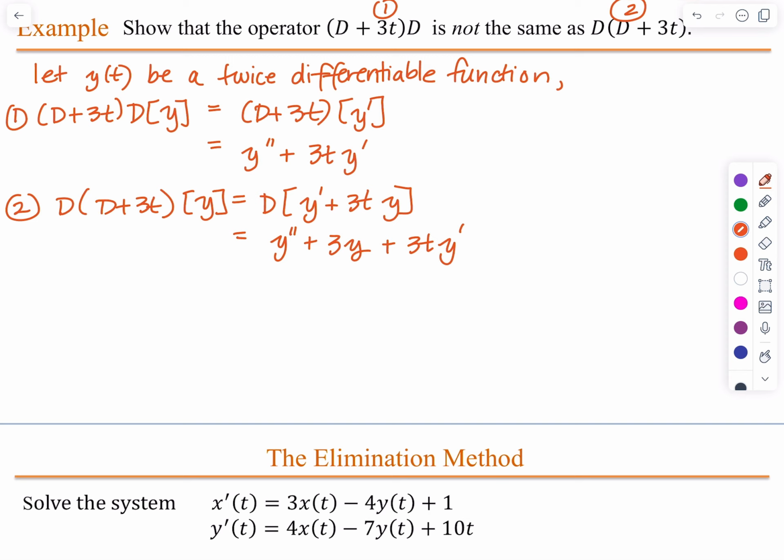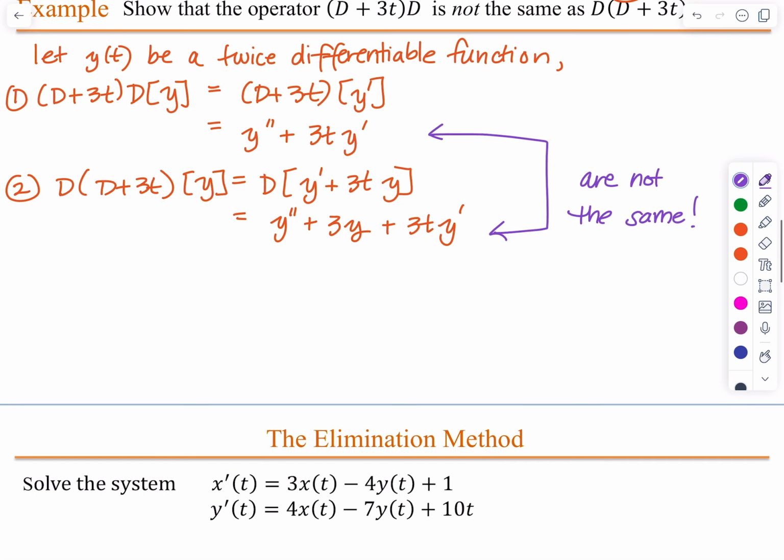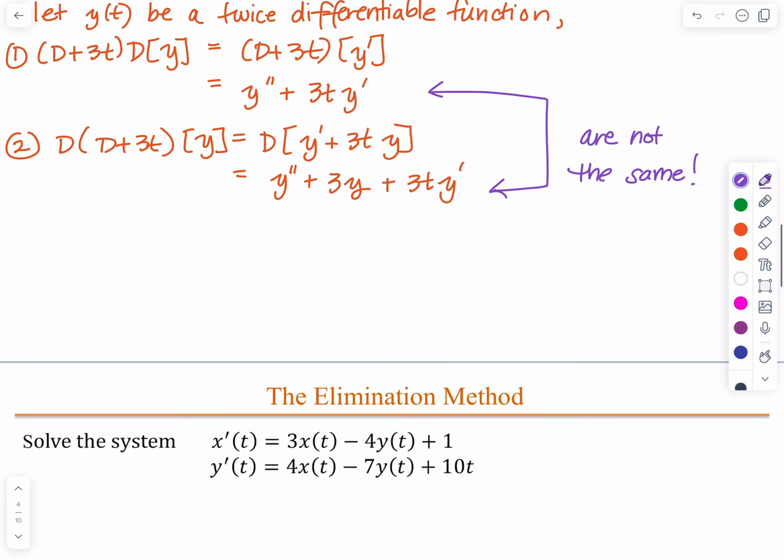And these are not the same. You might want to say this happened since 3t is not a constant coefficient.